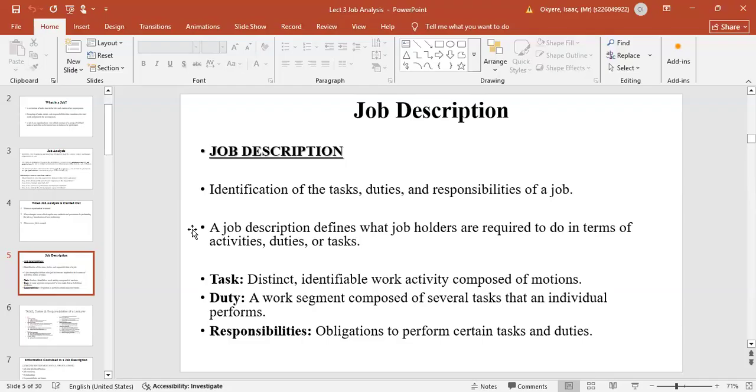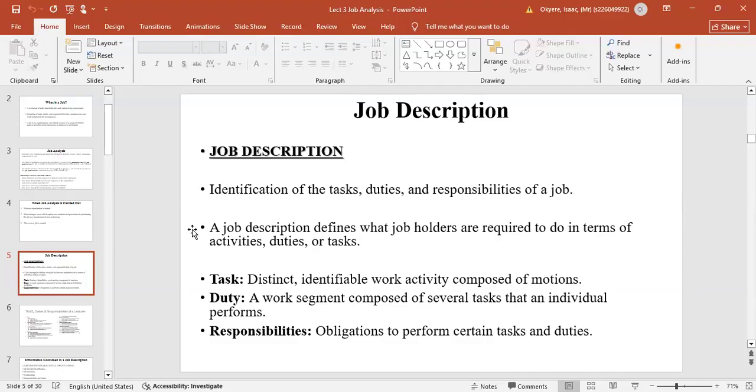So when we talk about tasks, what are tasks? Tasks are distinct, identifiable work activities composed of motions. What is going on? They are distinct work, or identifiable things that are going on. That is task. And then duty.